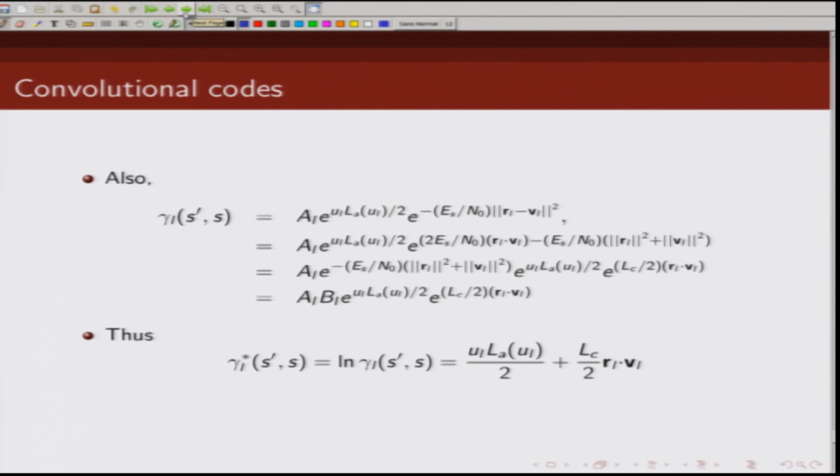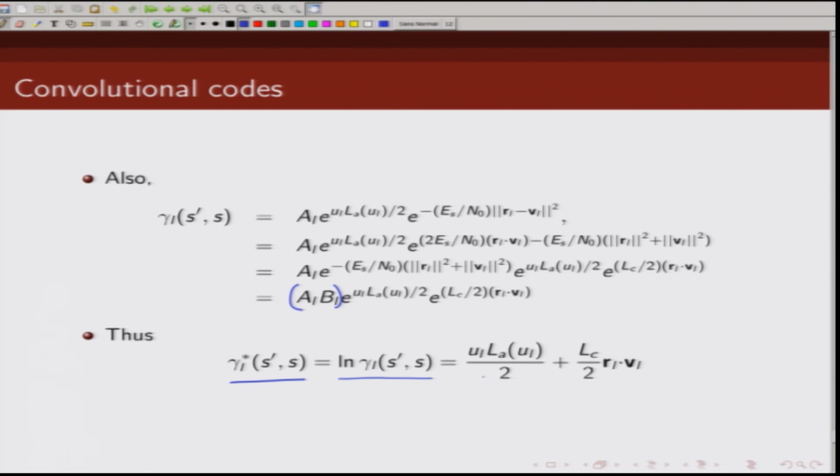Now, if we consider branch matrix in the log domain, then log of this term will be some sort of constant, we just ignore it because this does not depend on choice of VL, UL.